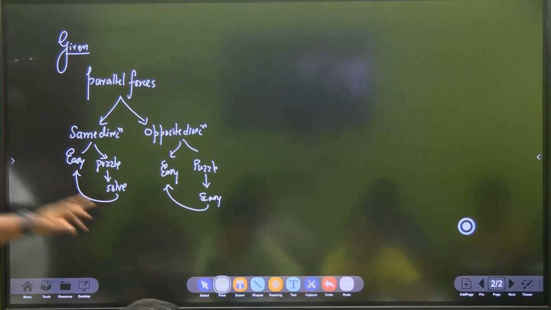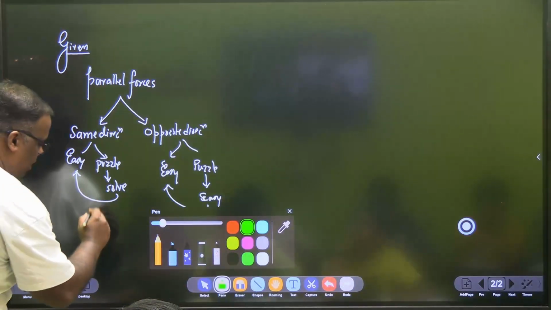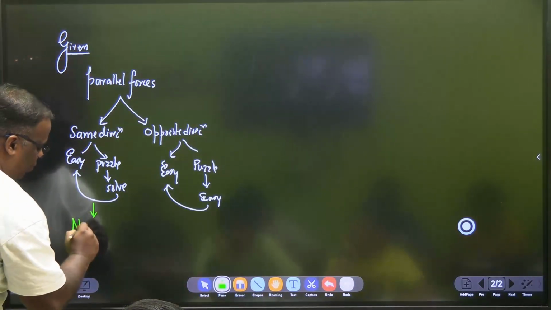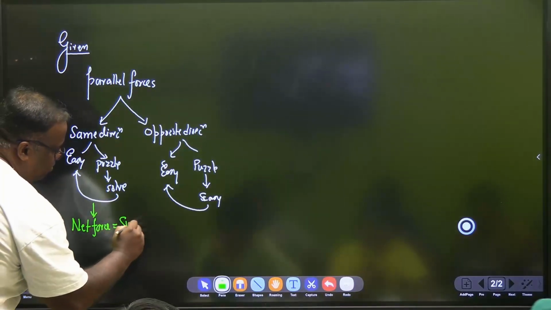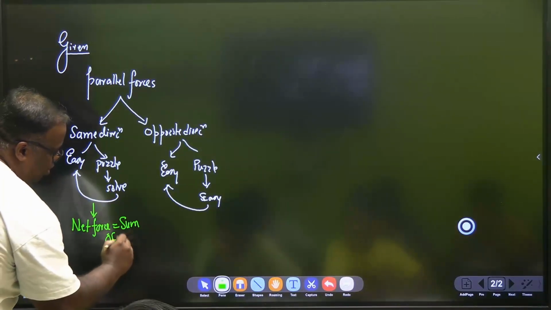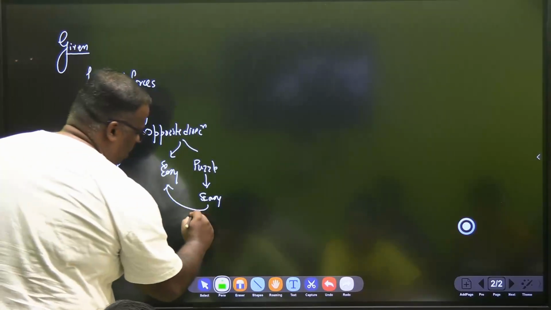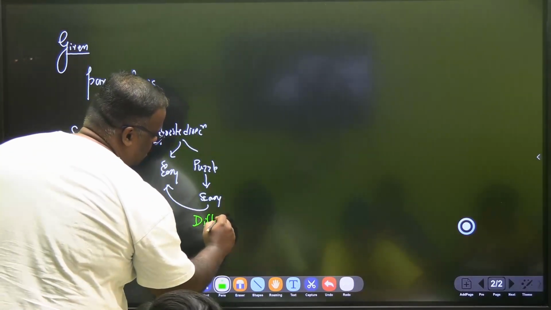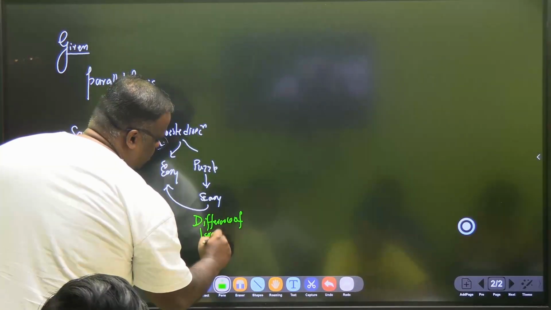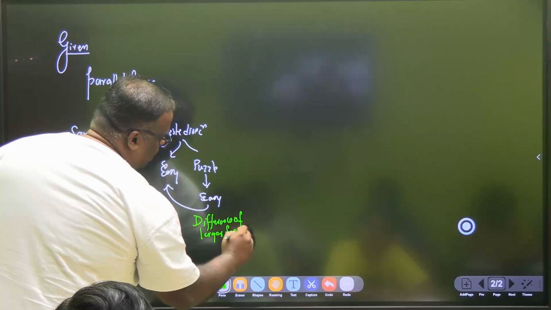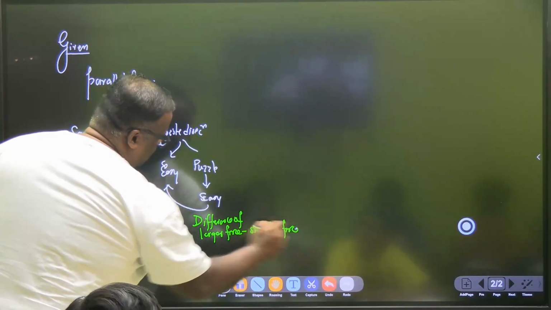Right? After this, what we learn is, if your forces are in same direction, then the net force is the sum of all forces. And here it will be the difference: larger force minus smaller force. अच्छा, पहले इसको देखेंगे.